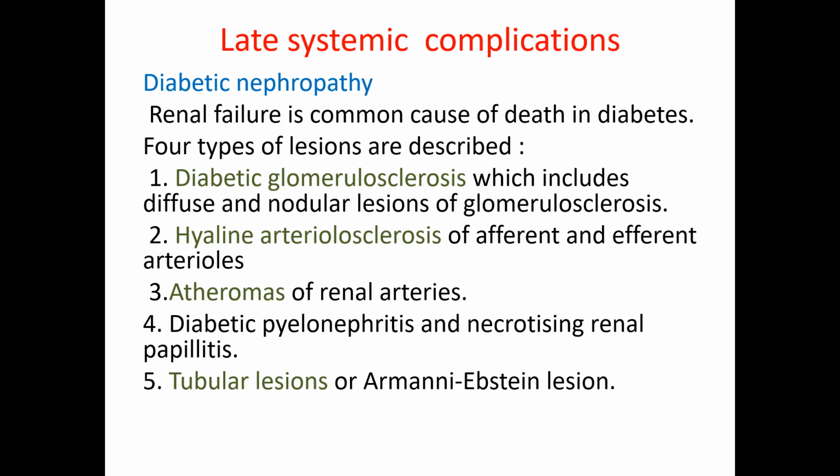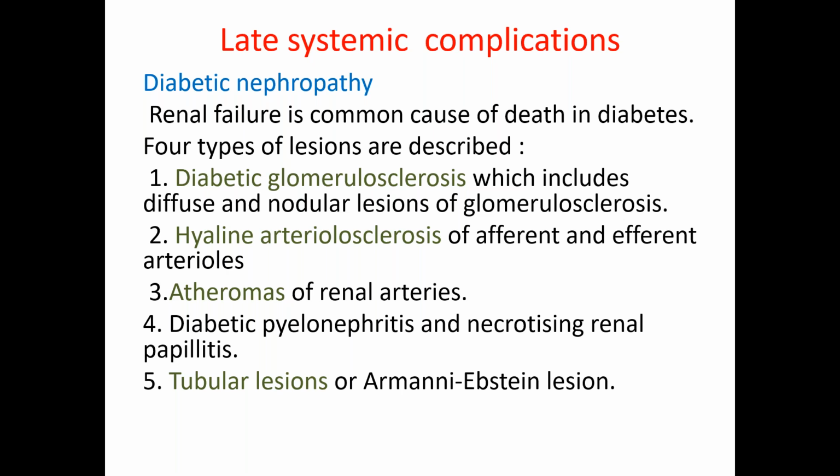In the glomeruli, the disease is described as diabetic glomerulosclerosis, which includes diffuse basement membrane thickening, mesangial sclerosis, and nodular lesions in the mesangium, known as Kimmelstiel-Wilson disease.